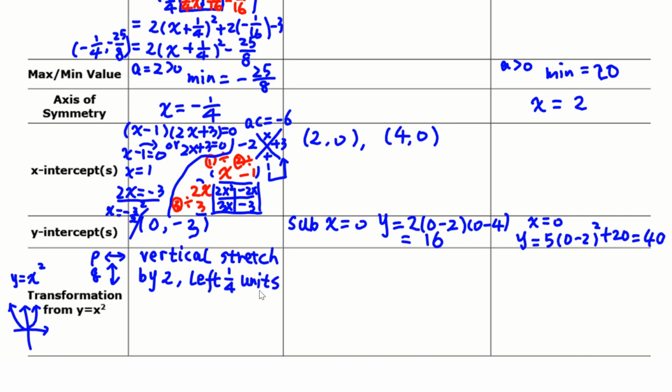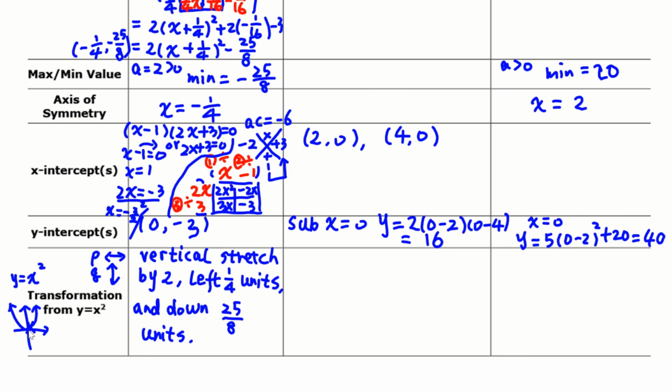So we use all positive numbers in the description of transformations. Then q is negative, so it's down 25/8 units. All of this is compared with the original parent function.